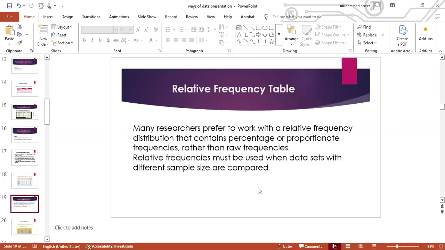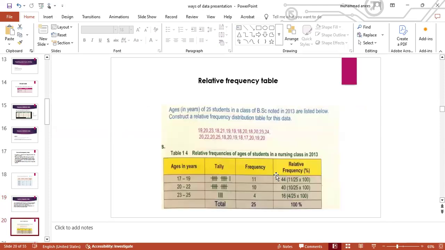Now, the relative frequency table. Many researchers prefer to work with a relative frequency distribution that contains percentages or proportionate frequencies rather than raw frequencies. Relative frequencies must be used when data sets with different sample sizes are compared. The relative frequency can be calculated by a formula, which is subgroup frequency divided by total frequency times 100.